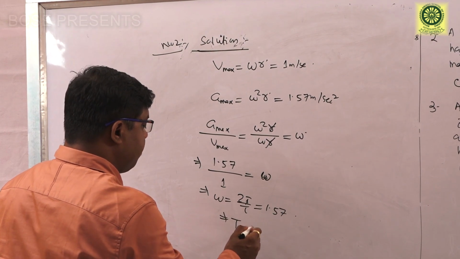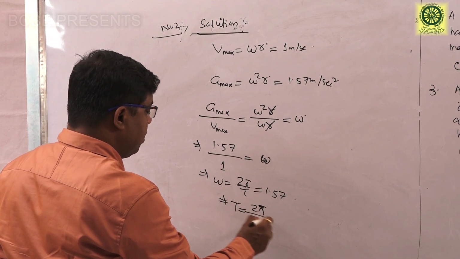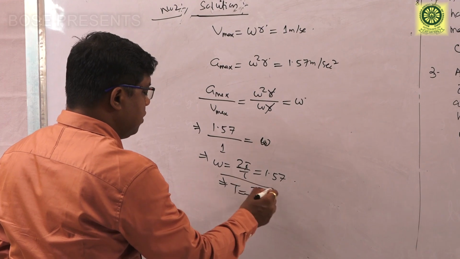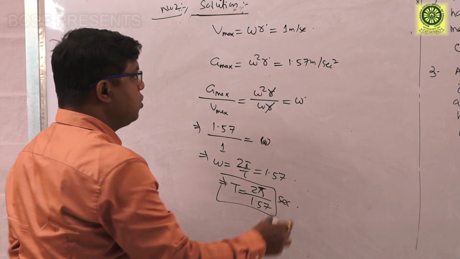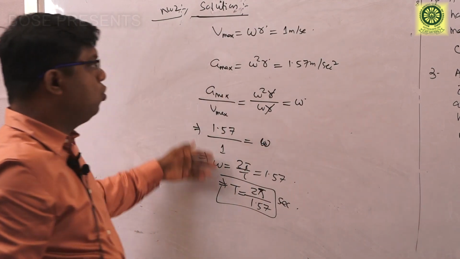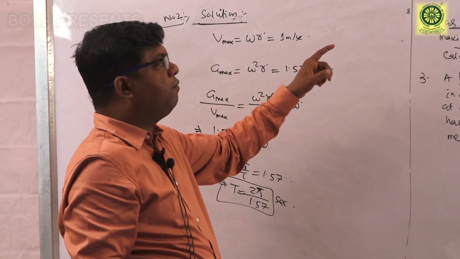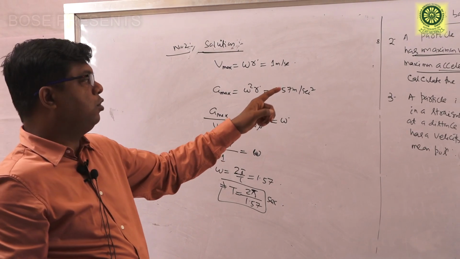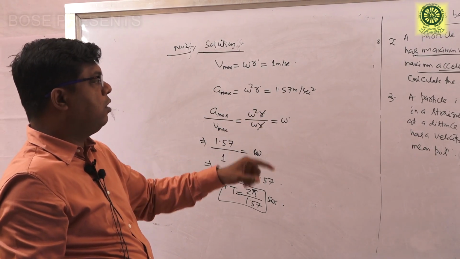So the time period T is found to be 2 pi divided by 1.57 seconds. So this is the solution of problem number 2, based on simple harmonic motion. Now, the third problem.